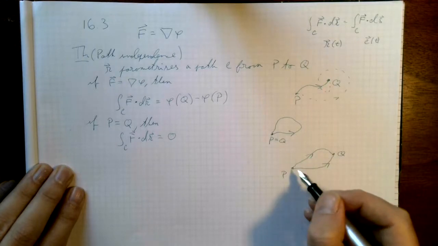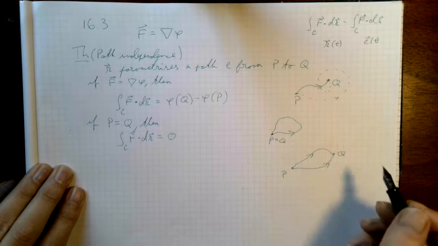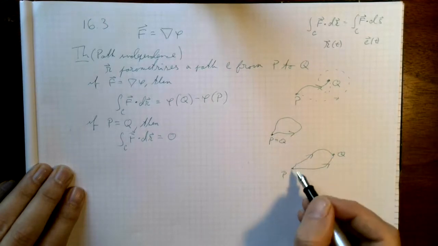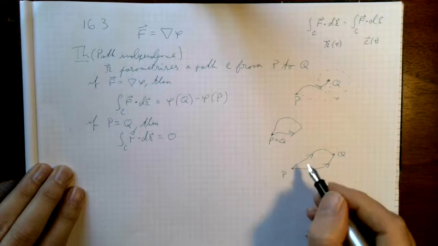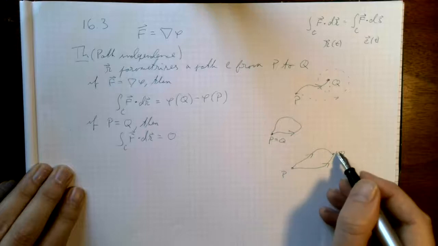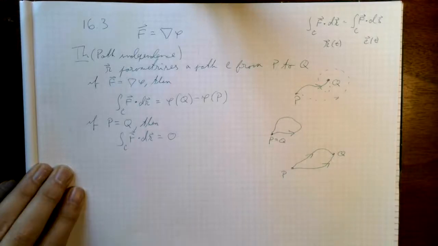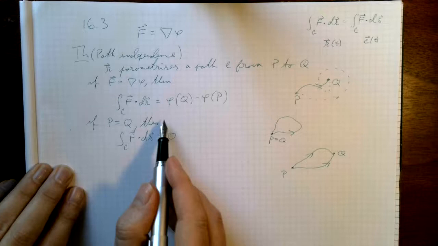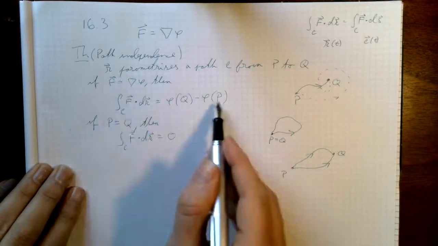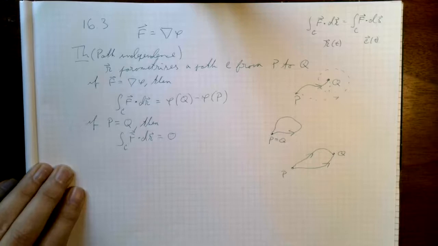Saying that the integral around this closed loop is 0 is the same thing as saying that the integral along this path is the same as the integral along this path. That's why it's also path independence, and that's why it can be stated either for closed loops, or as basically the fundamental theorem of calculus.